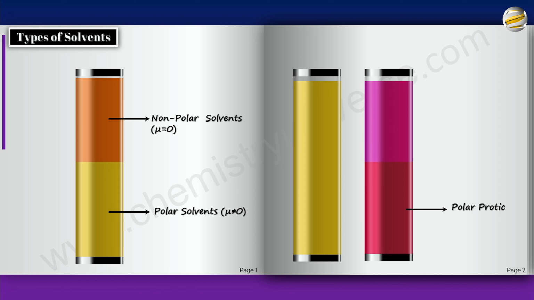Now, as the name itself suggests, the polar protic ones are the ones in which the solvent has a hydrogen atom attached to a highly electronegative element like N or F, and which is acidic enough to solvate anions. Whereas the polar aprotic solvents are the ones which have net dipole moment not equal to 0 but do not have any acidic H. So the presence of acidic H is what distinguishes a polar protic from a polar aprotic solvent.